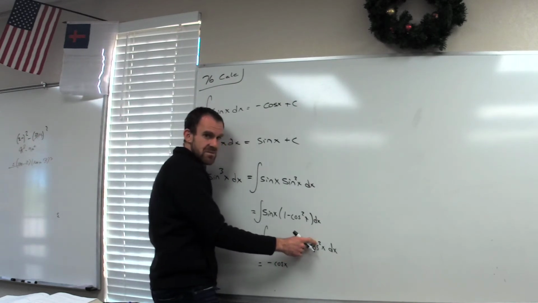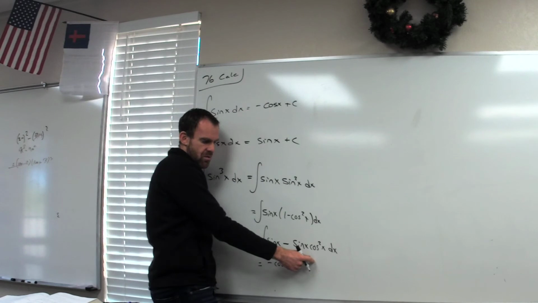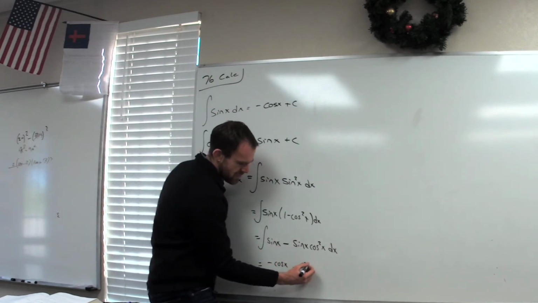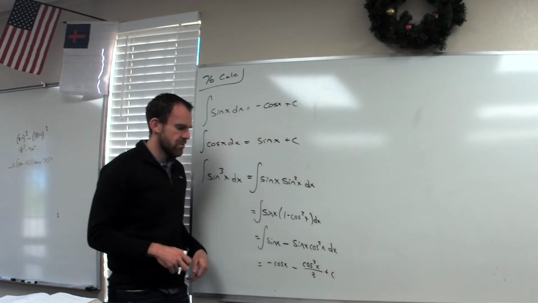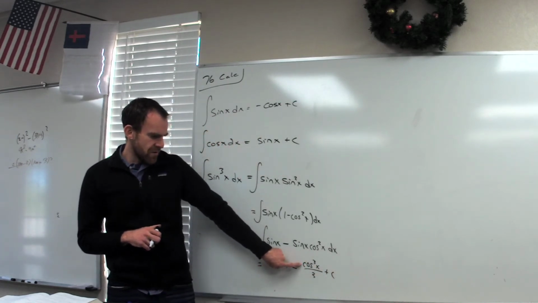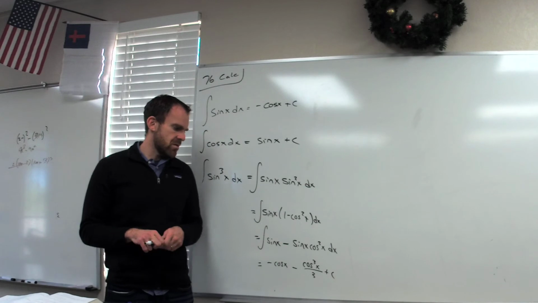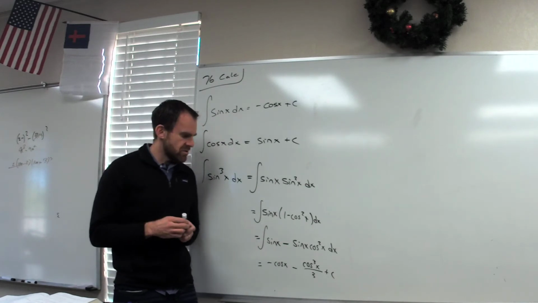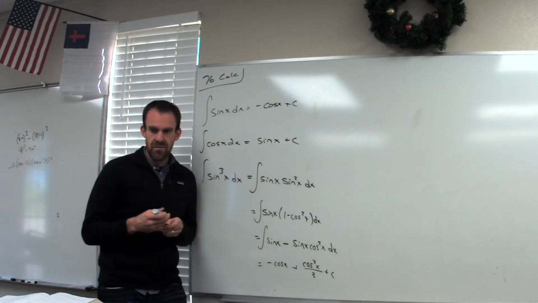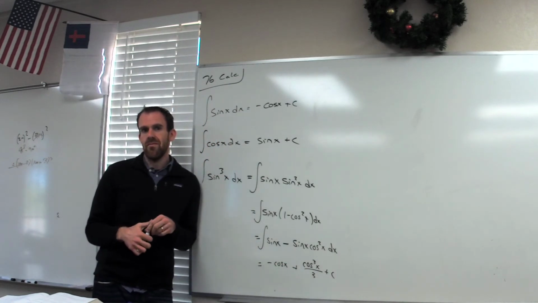So you can add 1 to this power and divide by that number. And then that is your integral. Bingo. Why? Because the derivative of cosine is negative sine, so it looks like this will be positive. That's your solution.